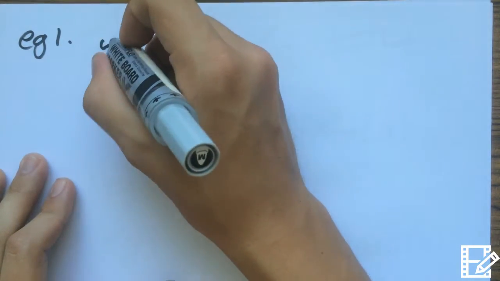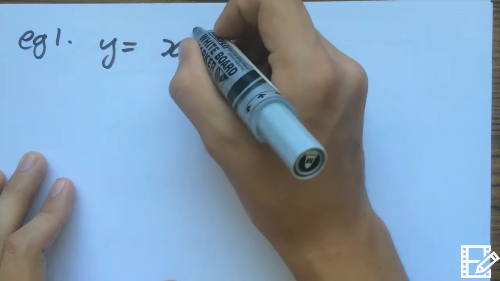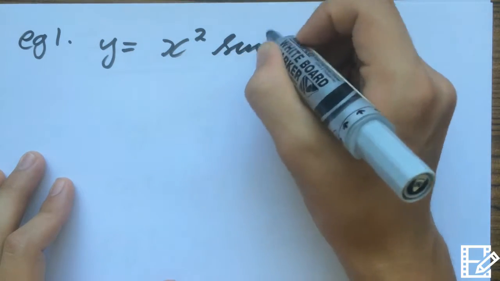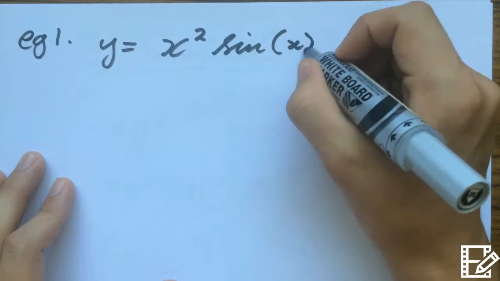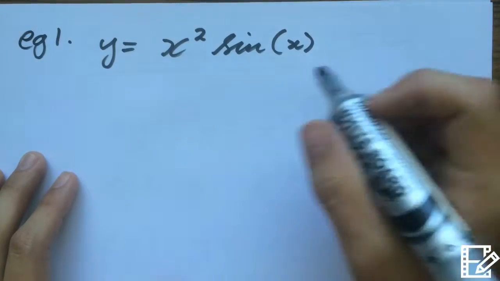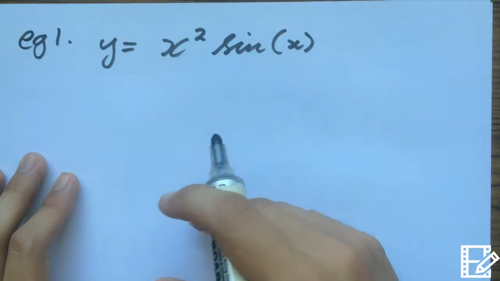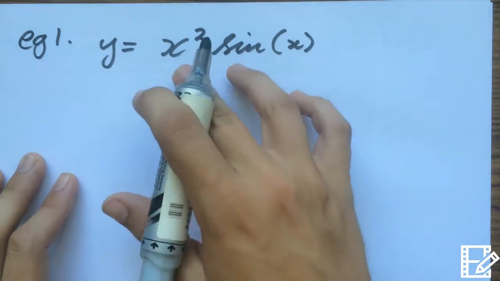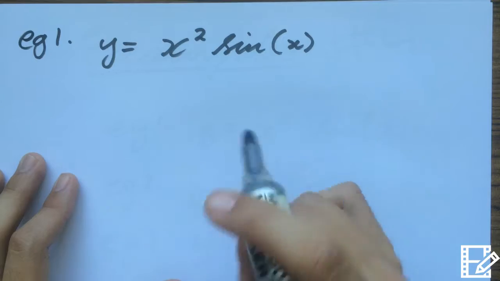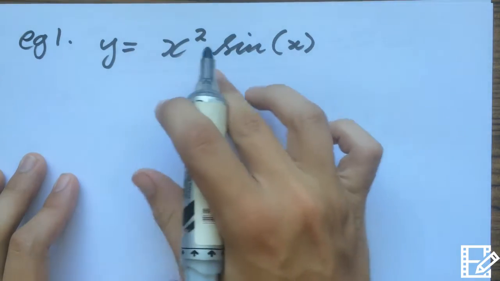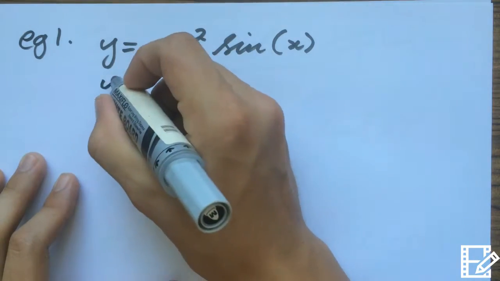Example 1 says y equals x squared multiplied by sine x. Okay, so I'm not going to do notation here, but I am going to do a quicker way of doing the product rule, because we have a function multiplied by another function.